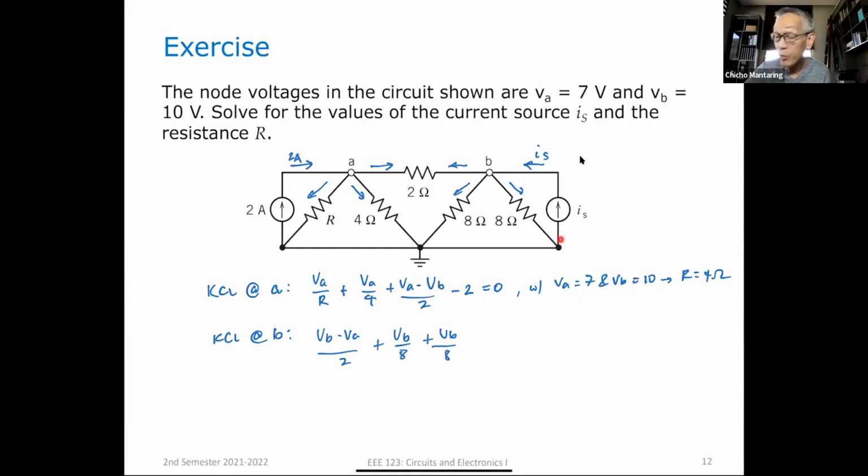Actually, if you notice, these 2 resistors are in parallel, and these 2 are also in parallel, but not all of them are in parallel because of these 2 amperes. But anyway, VB minus VA over 2, VB over 8, another VB over 8, minus IS is equal to 0. In this particular case, with the same values, you're going to get IS equal to 4 amperes. So very straightforward.